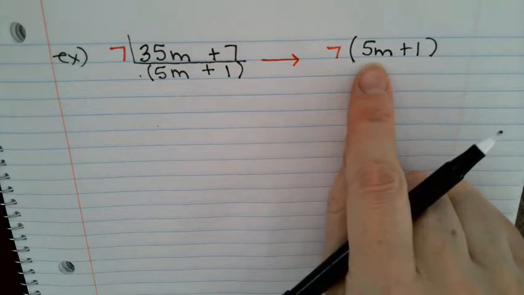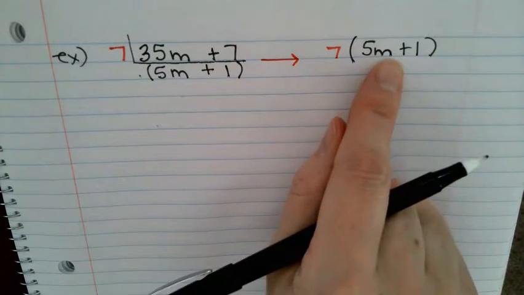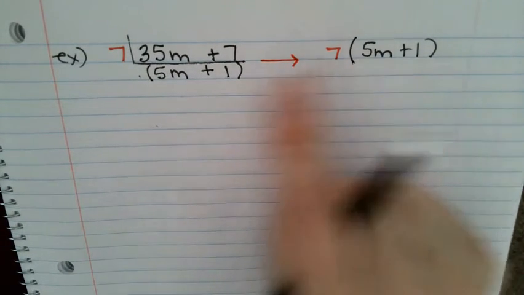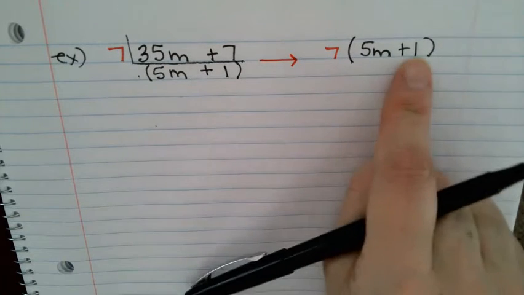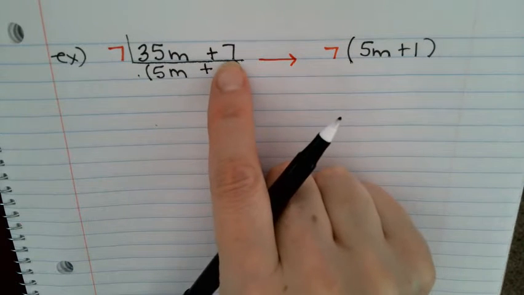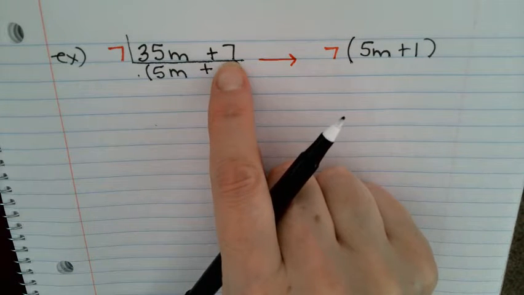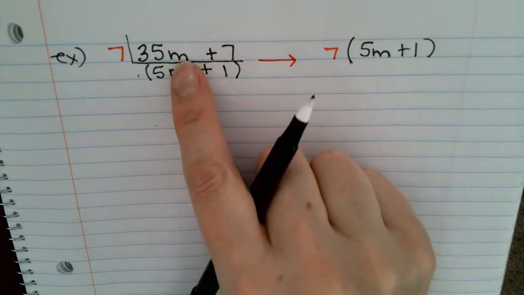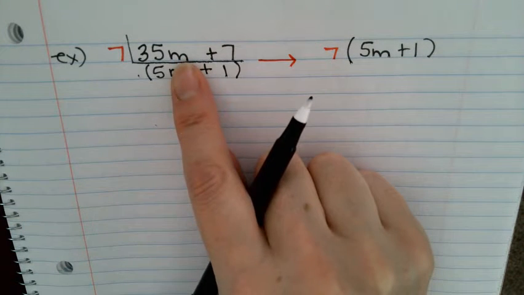Remember how I said these are inverse operations or opposite operations? 7 times 5m is 35m. 7 times 1 is 7. So I can check my work this way too. Okay, so 7 groups of 5m plus 1 is 35m plus 7.